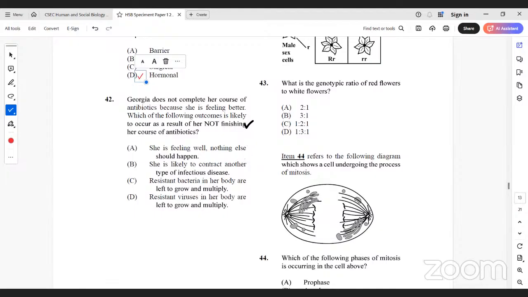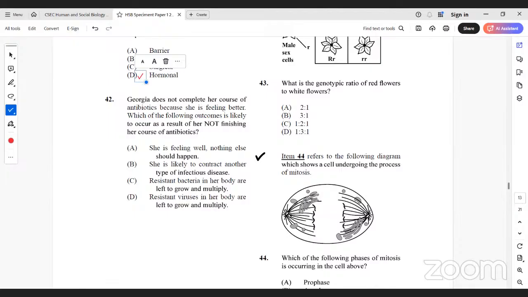Georgia does not complete her course of antibiotics because she is feeling better. Georgia is making a bad decision. Which of the following outcomes is likely to occur as a result of her not finishing her course of antibiotics? You notice they put this not in capital letters because they don't want you to miss it. And before we answer this question, does everyone realize this is section C?